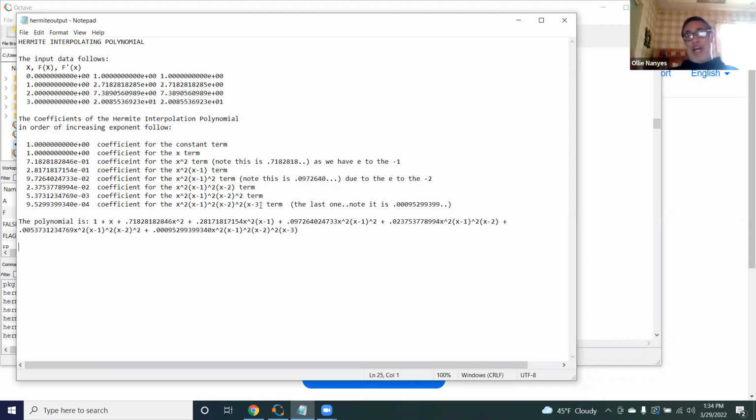Now notice the very last term stops at x minus the last node. It doesn't have the squared.